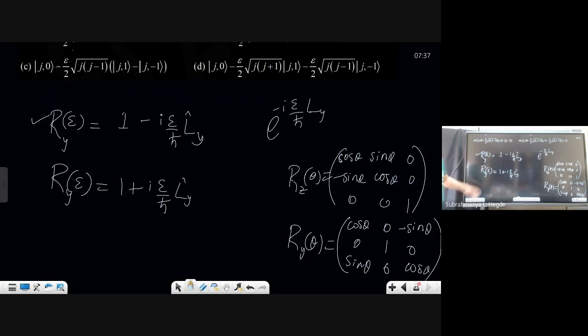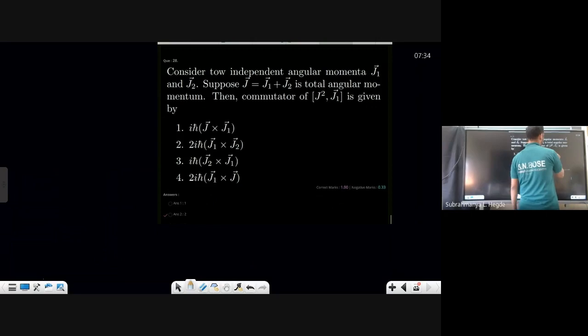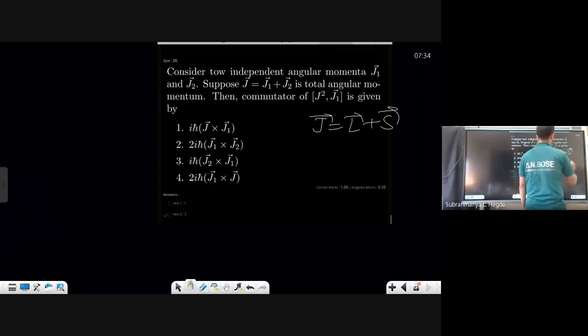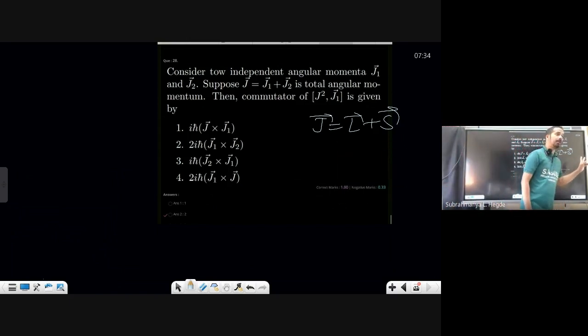So what we had there, do you remember? J is equal to L plus S. Am I right? And J square. So now I think it's another problem, not that problem. In that problem we had L dot S commutation and all that.